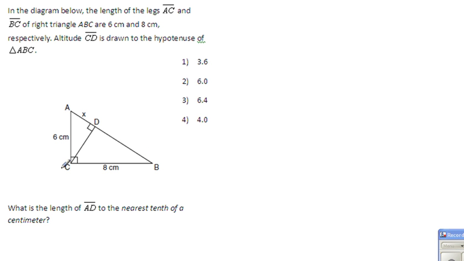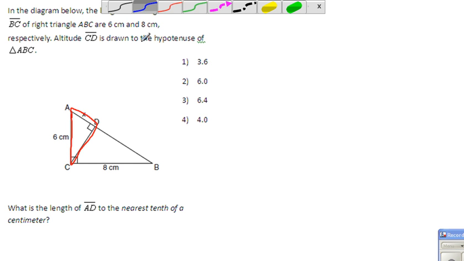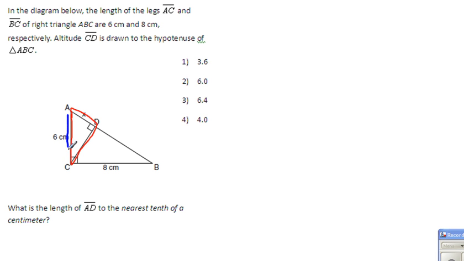Here, this is one of the more interesting questions. We have to set up the relationships. Some of us might have used the Hills and Sass and many other relationships. But when you look into this one, we realize that this triangle is similar to the big triangle.